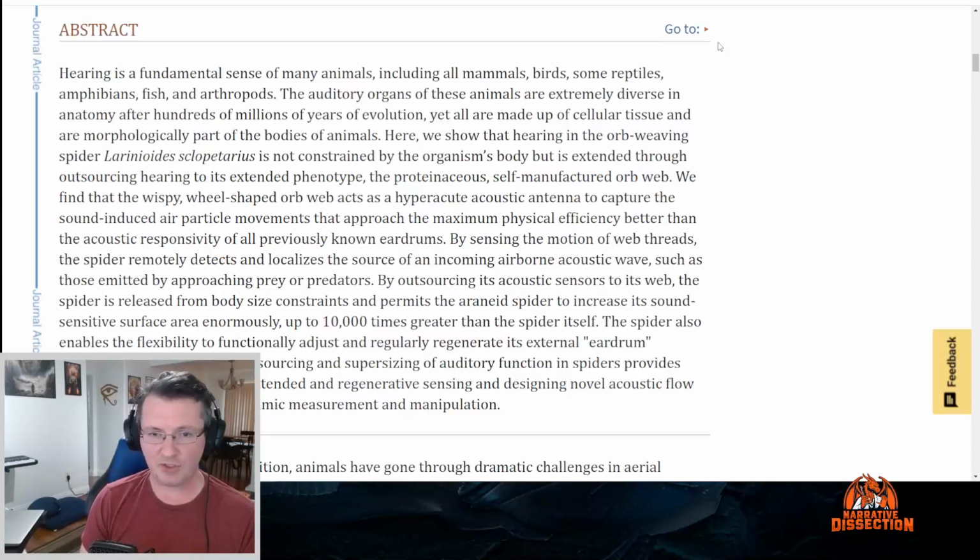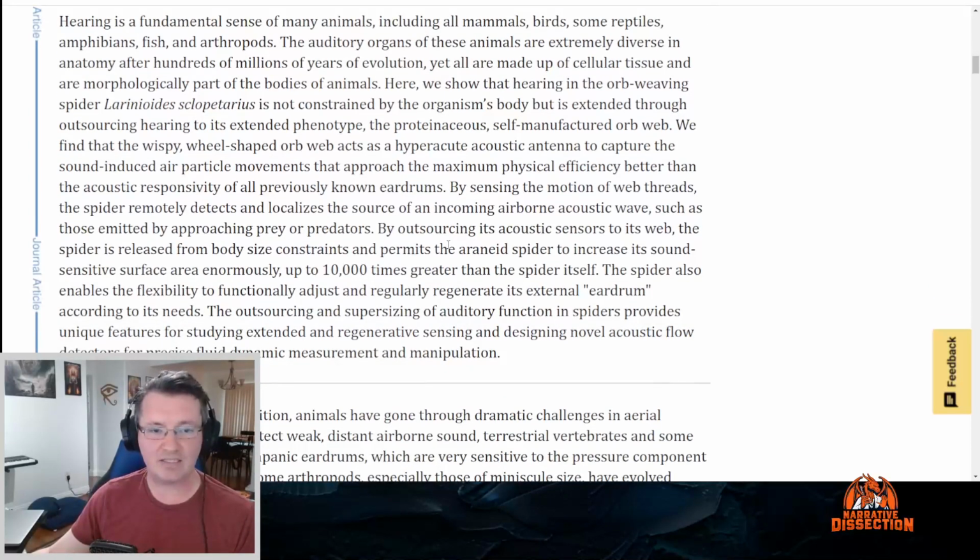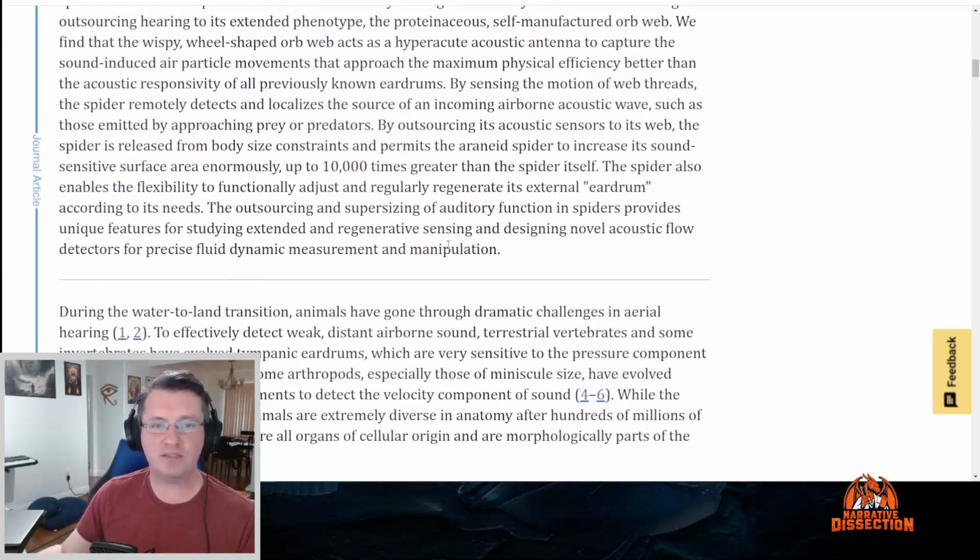By sensing the motion of web threads, the spider remotely detects and localizes the source of an incoming airborne acoustic wave, such as those emitted by approaching prey and predators. By outsourcing its acoustic sensors to its web, the spider is released from body size constraints and permits the spider to increase its sound-sensitive surface area enormously, up to 10,000 times greater than the spider itself.